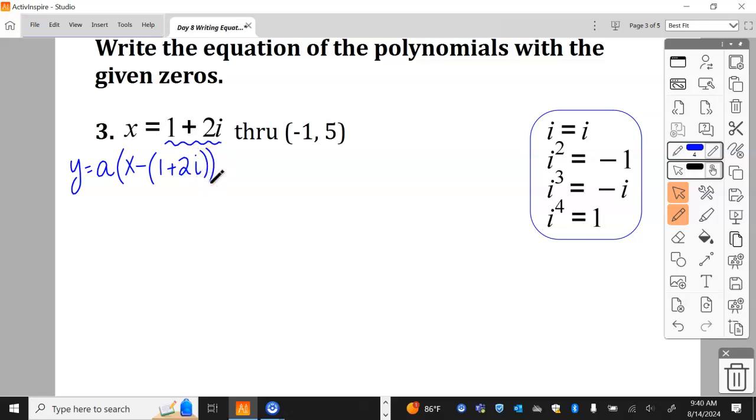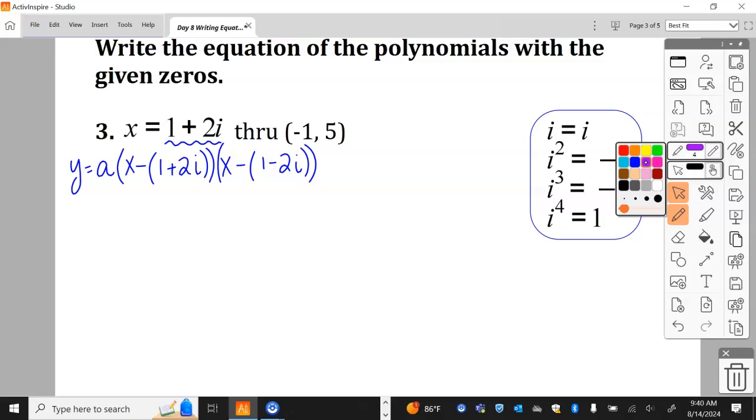Okay? And then the conjugate root theorem told us that if 1 plus 2i is a root, then we also know that 1 minus 2i is a root. So there we go. We've got our leading coefficient that we're going to solve for, and we have our 2 factors. And this just gets a little bit hairy because we've got some foiling to do, right?